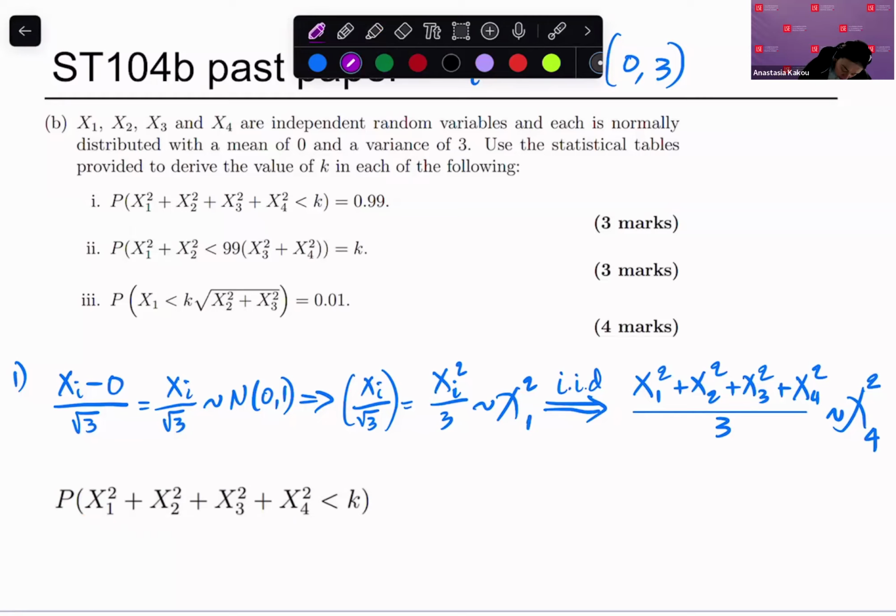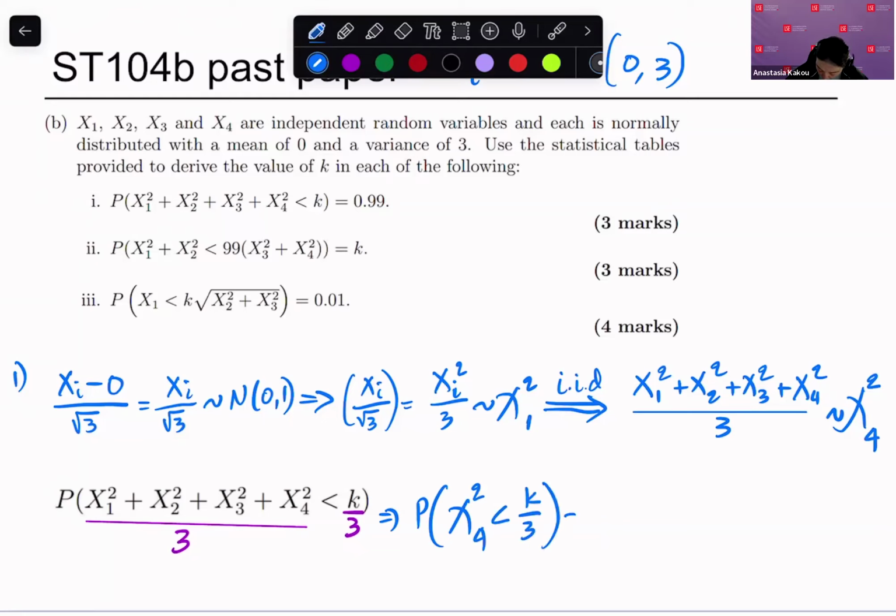So the way to make the two the same is to divide by 3 both sides of that inequality. Okay, so by dividing both sides by 3, we have now created a chi-square 4, and we want that to be less than k over 3, and that's to be equal to 0.99.